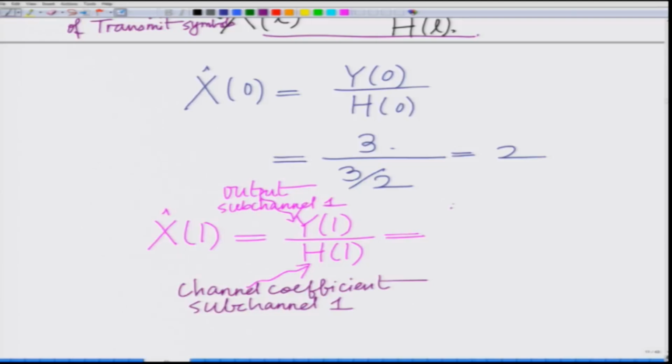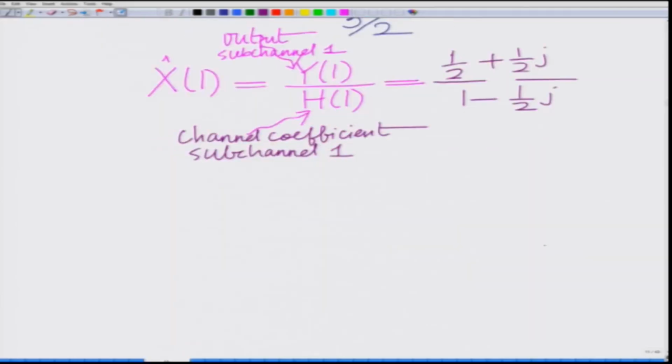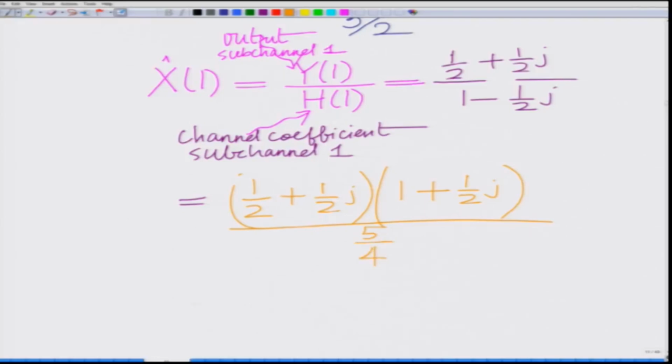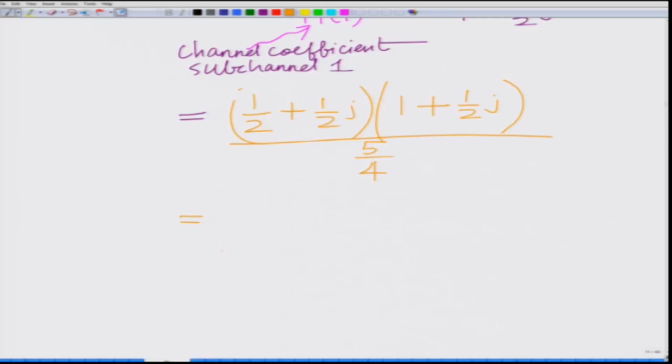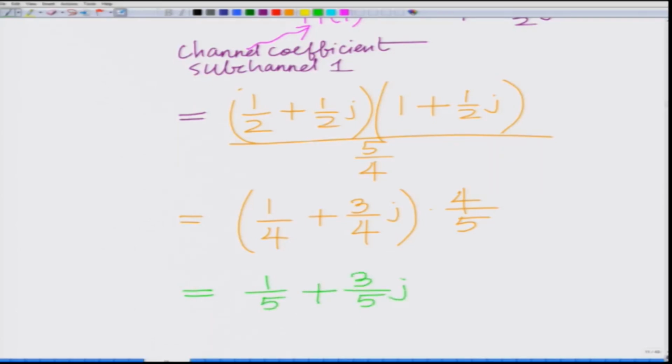This equals half plus half j divided by 1 minus half j, and this can now be simplified as half plus half j times 1 plus half j divided by 5 by 4, which is equal to 1 by 4 plus 3 by 4 j into 4 by 5, and this is therefore equal to 1 by 5 plus 3 by 5 j.